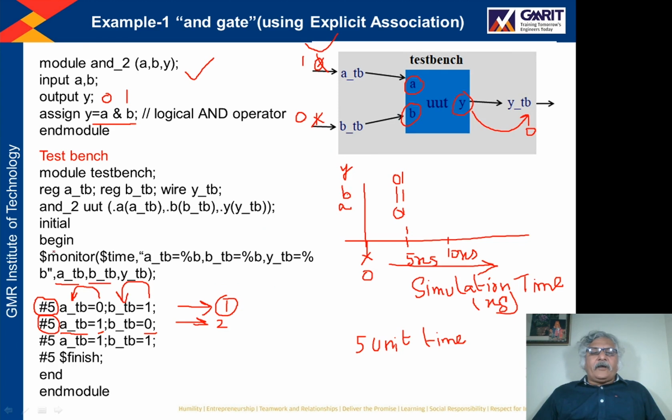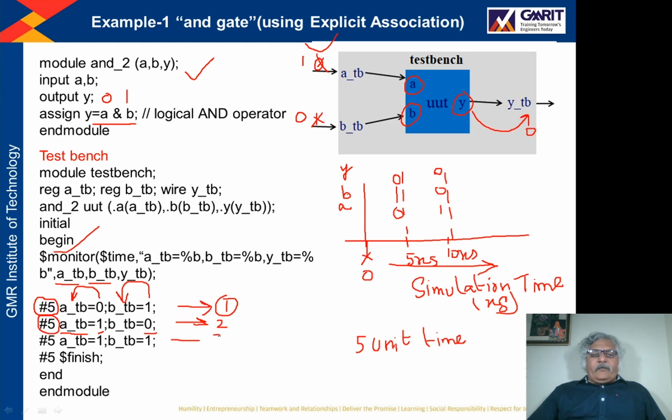Due to that event, again this monitor statement will print the values of A, B and Y at 10 microsecond. So here at 10 microsecond, again the value of A is 1, value of B is 0 and value of Y is 0. This will be printed in the form of a waveform.